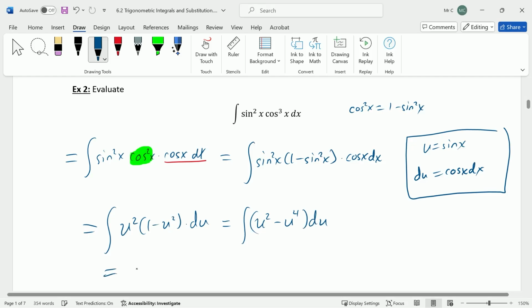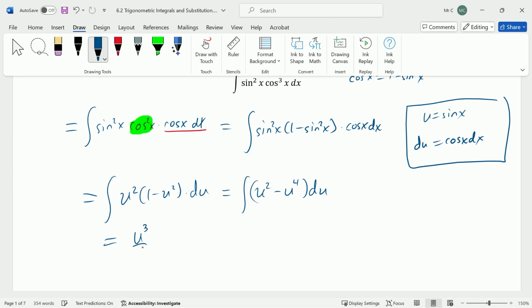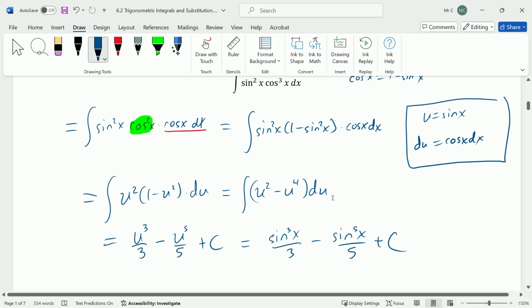And take antiderivatives normally, right? This is our power rule, so we get u to the 3rd over 3 minus u to the 5th over 5 plus a constant. That's sine cubed of x over 3 minus sine to the 5th power of x over 5 plus c. Okay, that's it for that one.